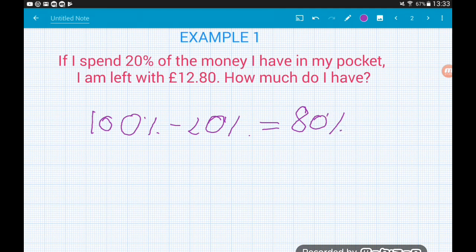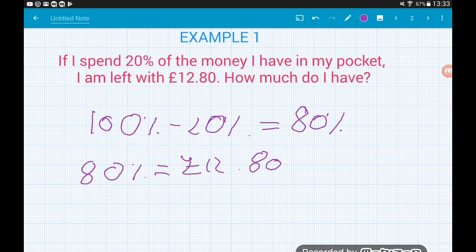Now that leaves me with 80% left. So that tells me that 80% of the money that I have in my pocket is equal to £12.80. Okay, so I started off with 100%, I've spent 20%, that leaves me with 80%.